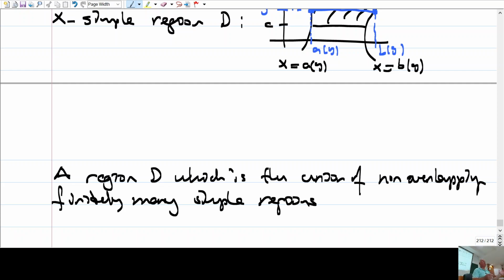They can be x simple or y simple. It is called a regular domain, a regular region.